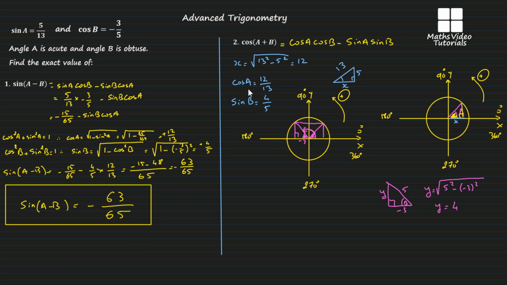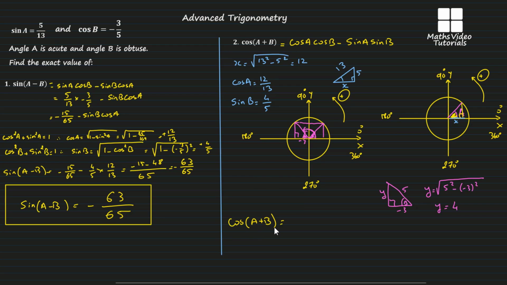So we've got the cos A, this one here, and the sine B, this one here. And we've been given the sine A and the cos B at the beginning of the exercise. So let's put all this together to work out this value here.